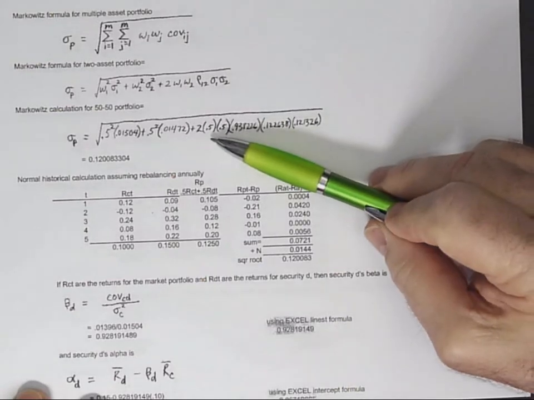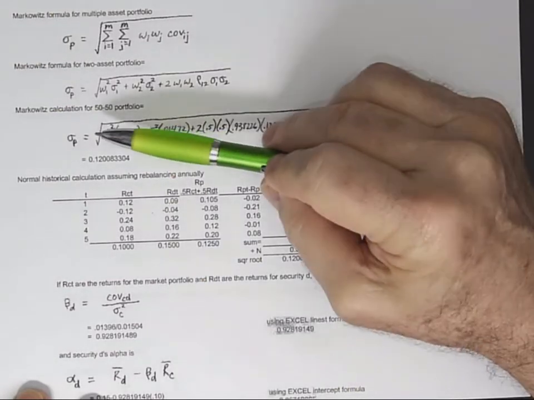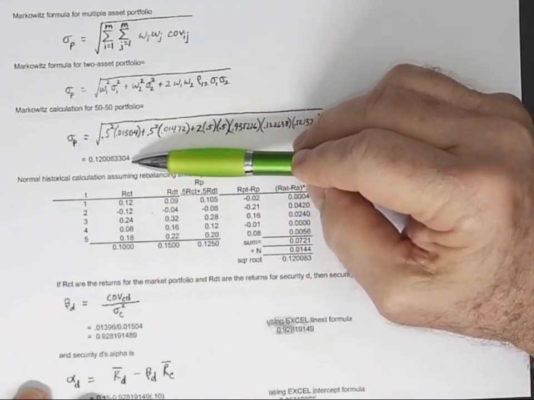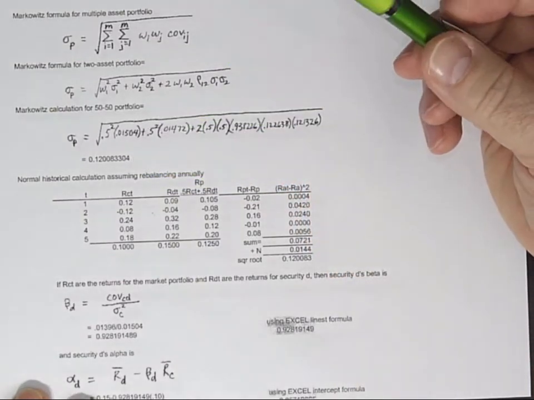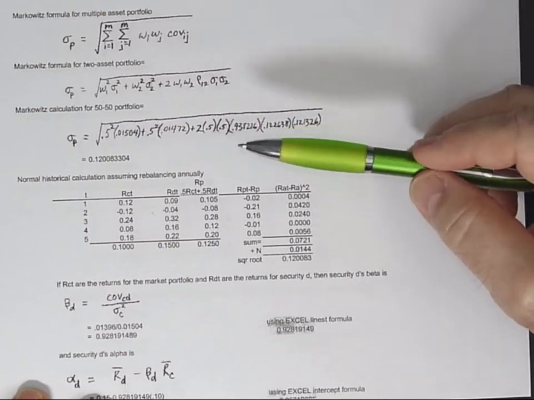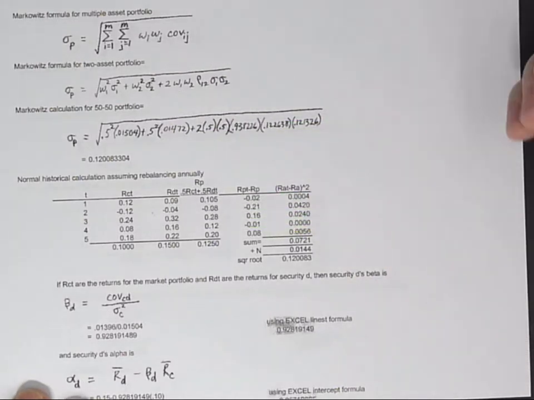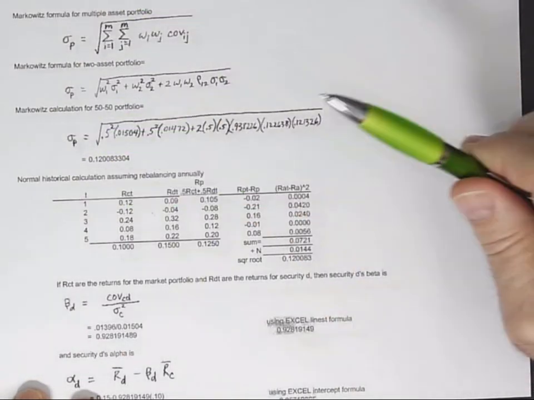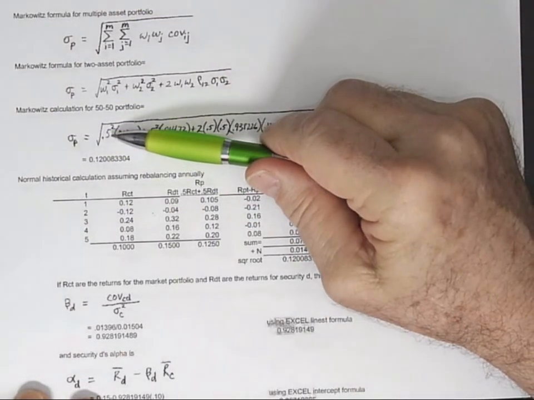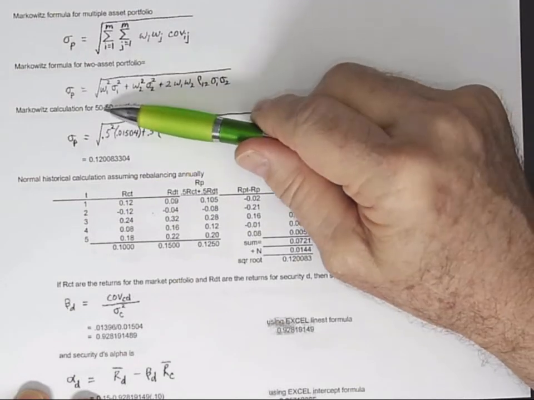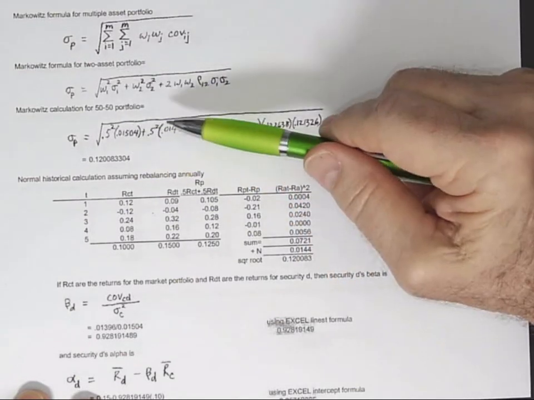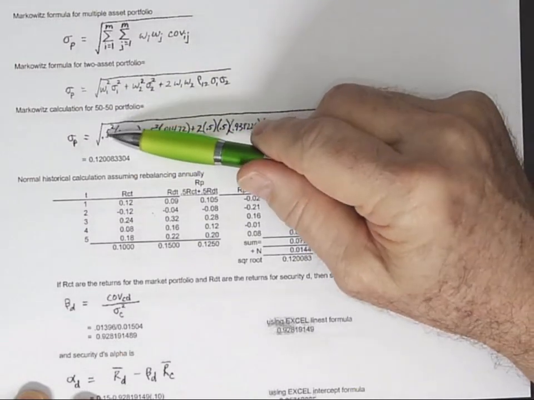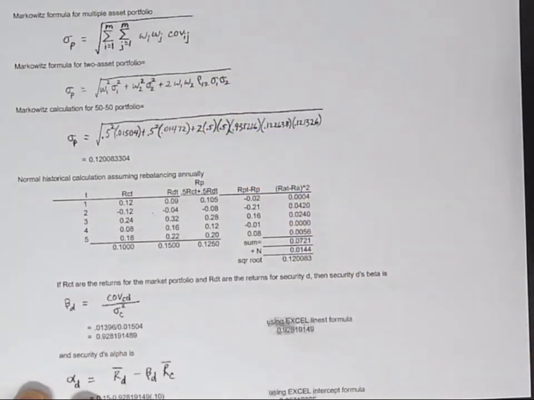And this just goes through the example on the previous page to calculate the standard deviation, and it's 0.120083304. Now, this isn't really a proof, but this is just showing how that would work if we forgot about all this stuff and just assumed, and here we've got a 50-50 portfolio. 0.5 squared is our weight squared, 0.5 squared is our weight squared. It could be 0.6 and 0.4, or 0.7 and 0.3, or whatever.